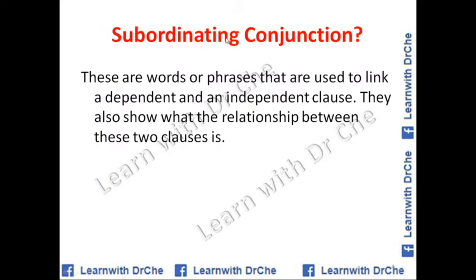What are subordinating conjunctions? These are words or phrases that are used to link a dependent and an independent clause. They also show the relationship between the two clauses.